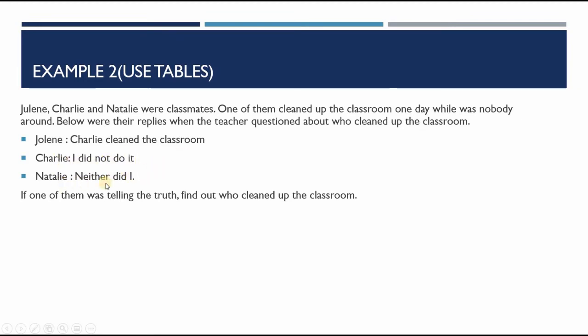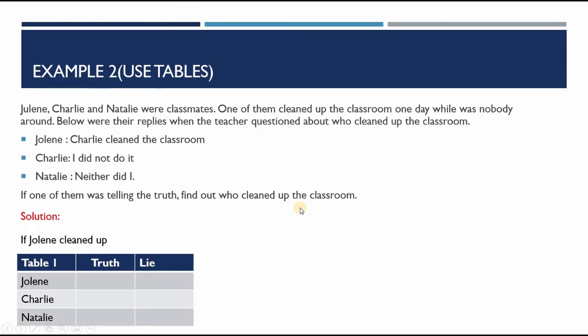Natalie: Neither did I. If only one of them was telling the truth, find out who cleaned up the classroom. So for solving this problem, you have to create tables, right? We have 3 conditions: if Julian cleaned up, if Charlie cleaned up, if Natalie cleaned up.